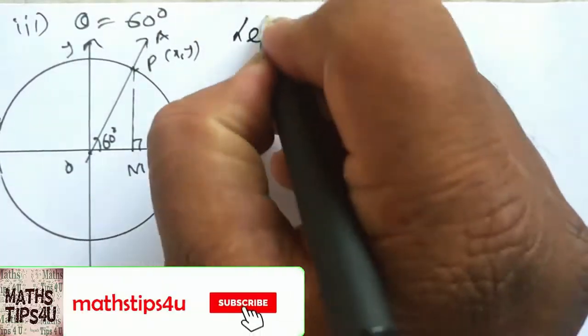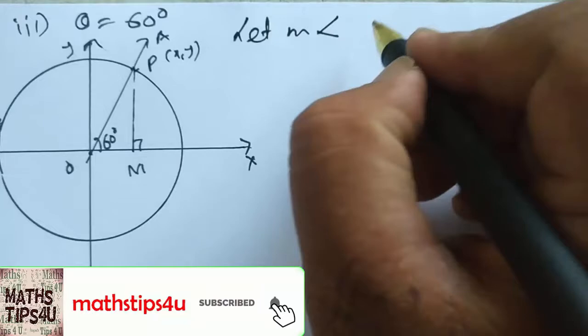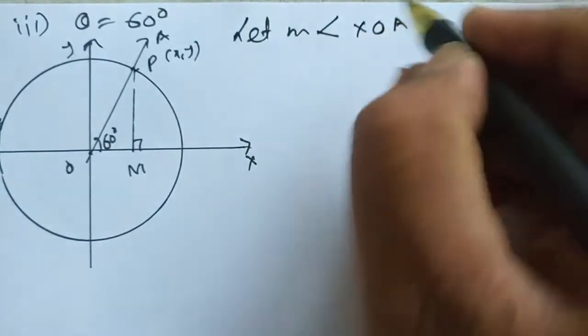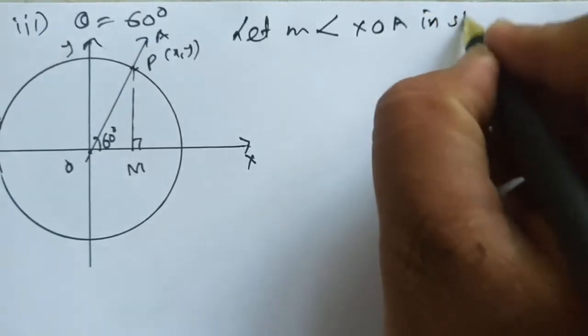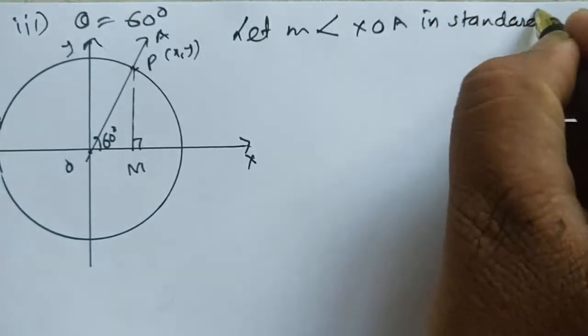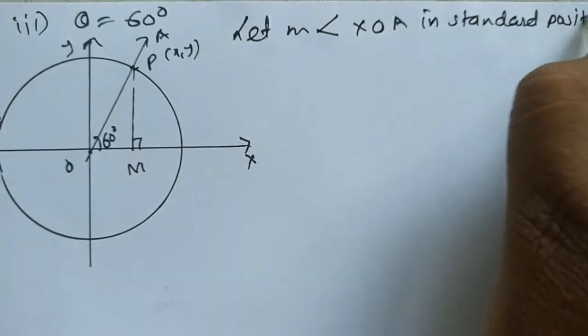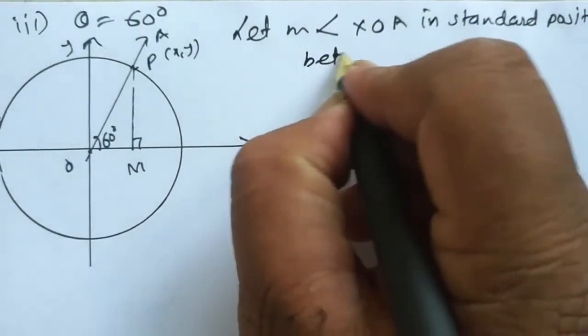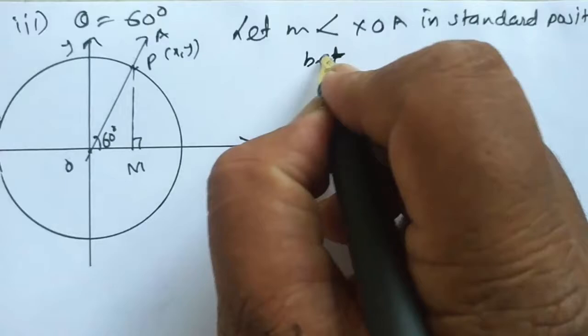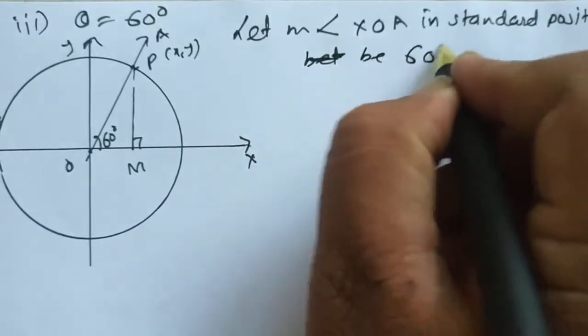Let the measure of angle XOA, this angle XOA in standard position, be 60 degree.